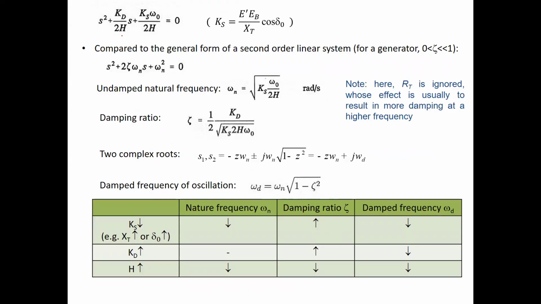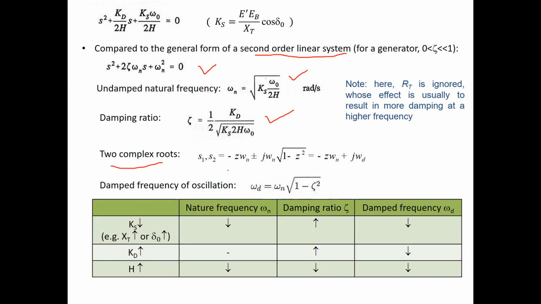Thus from the previous relationship we had this one. So for the second order linear system, we have this undamped natural frequency and this damping ratio. Now from the characteristic equation which we have represented here, we get two roots, and this can be represented with some real part and some imaginary part, right?